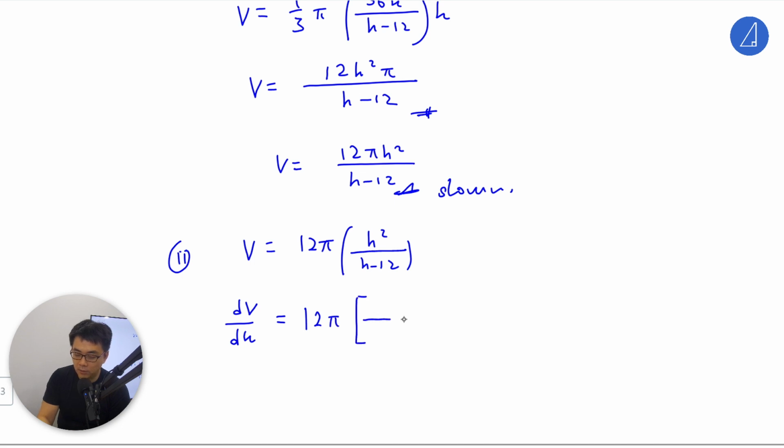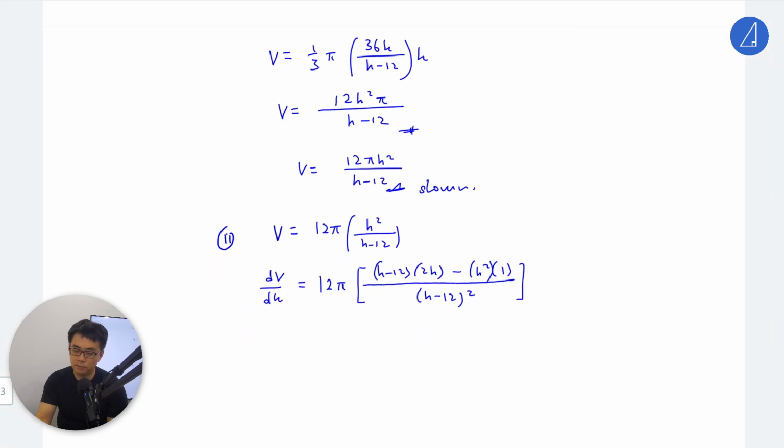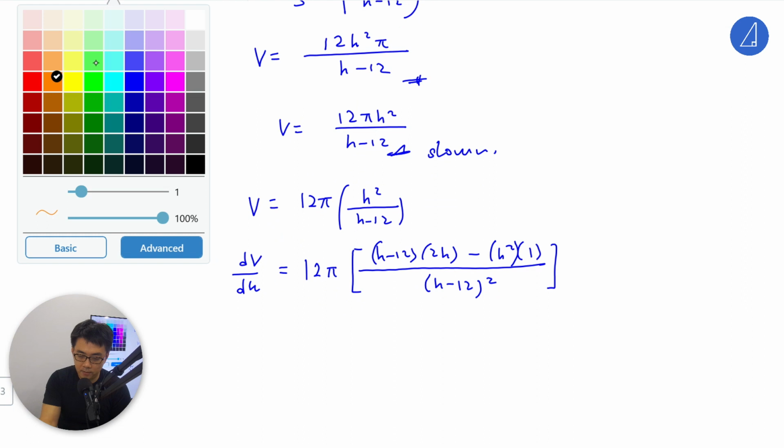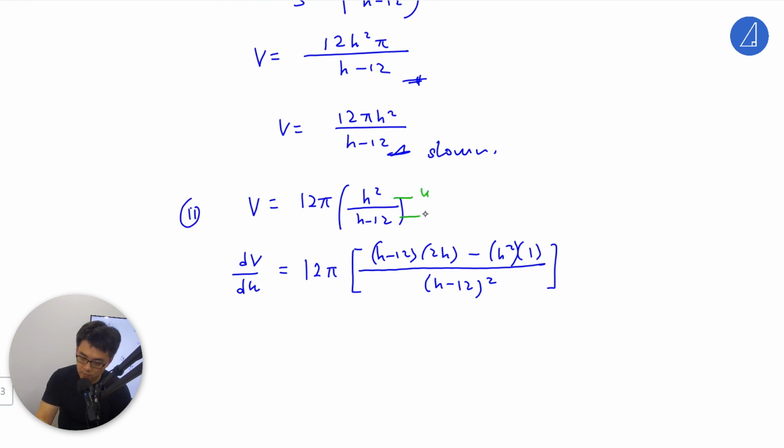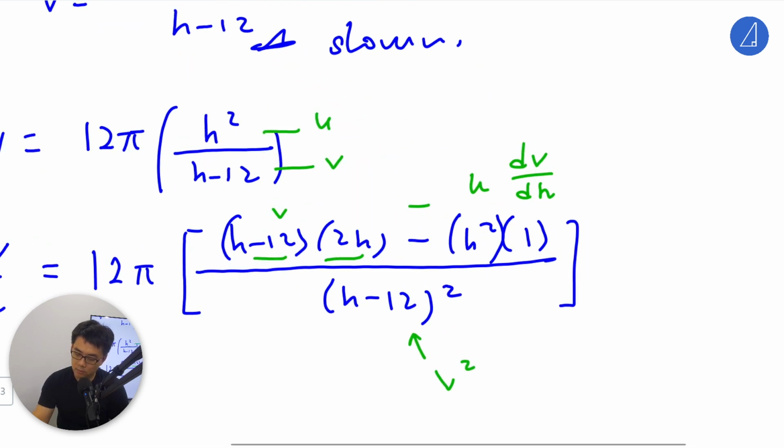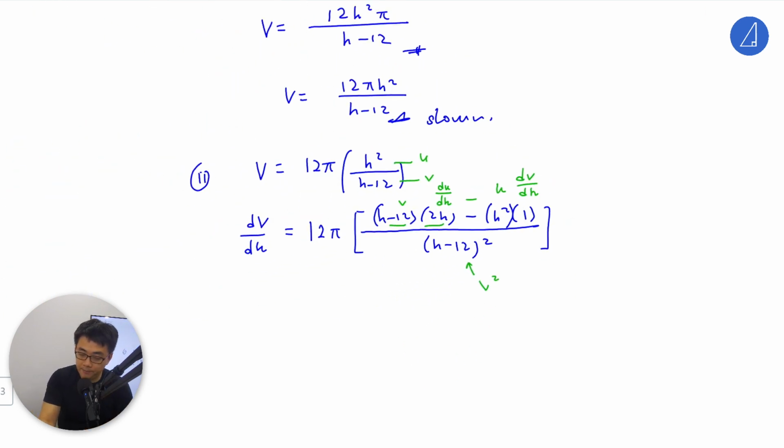So in this case, use quotient rule. h minus 12 square, v du/dx minus u dv/dx. That's it. So done.